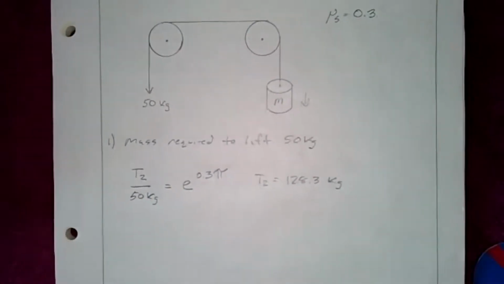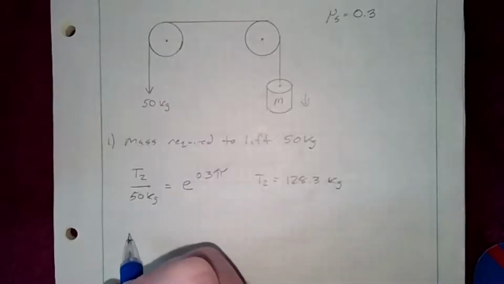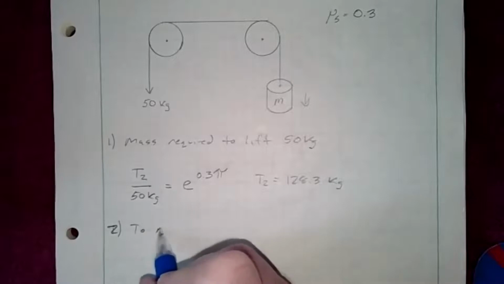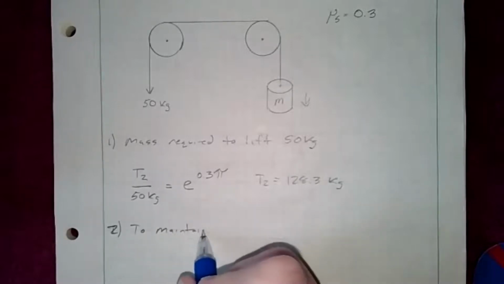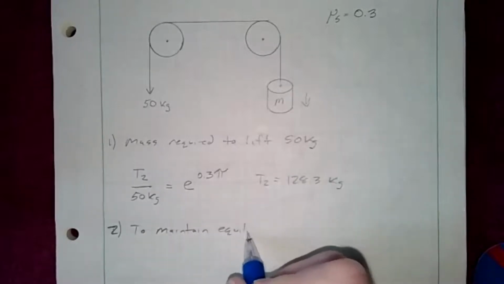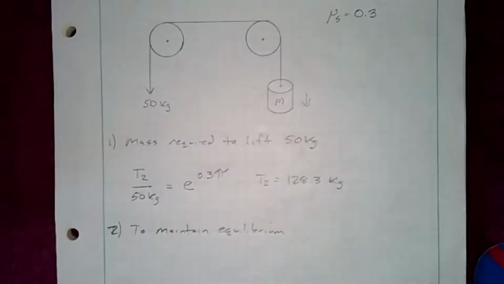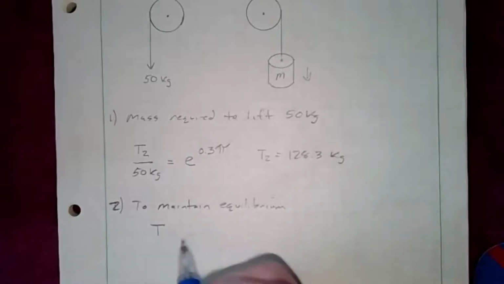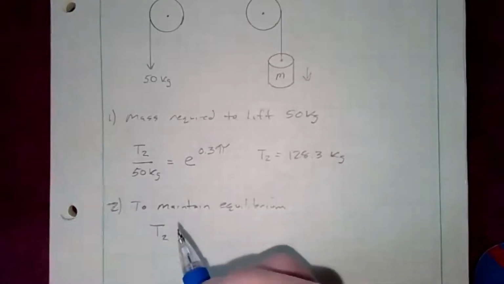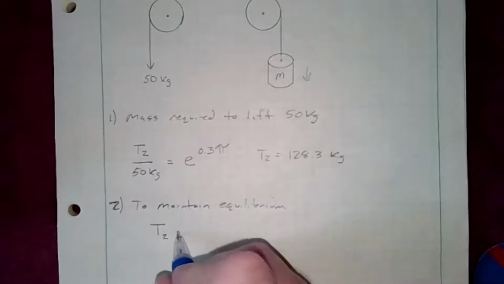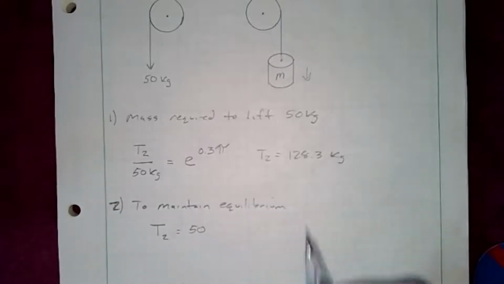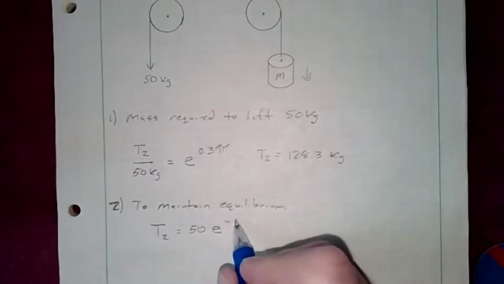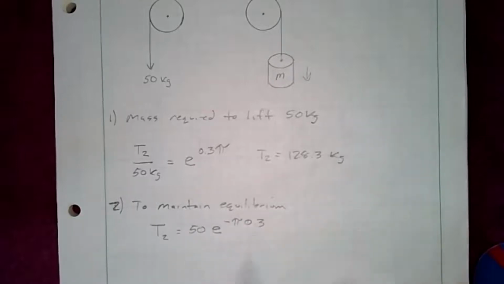So another way to look at that is we can say, to maintain equilibrium, then what do we have? We have T2, in this case, equals 50, and then we're going to say e to the minus pi over 0.3.